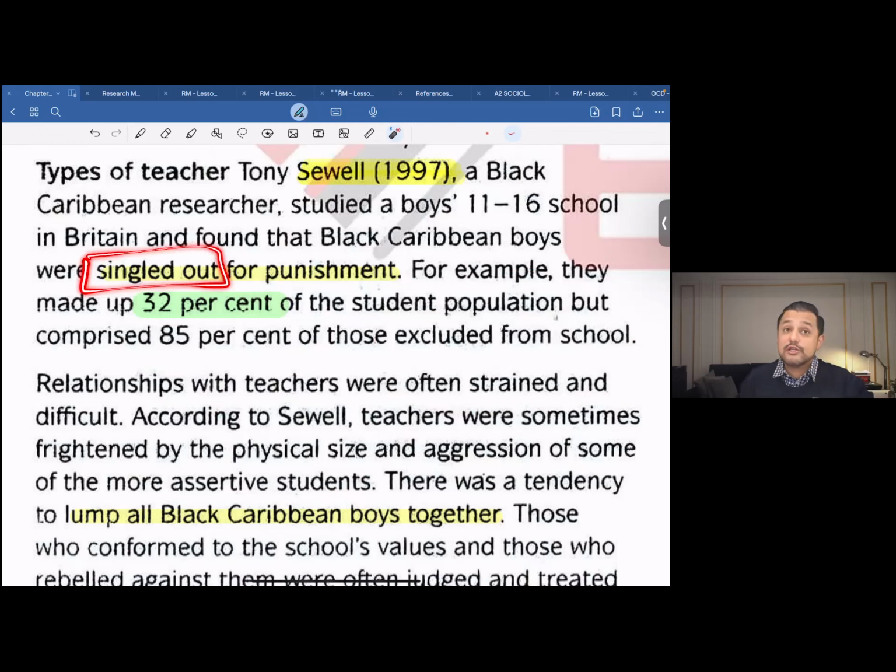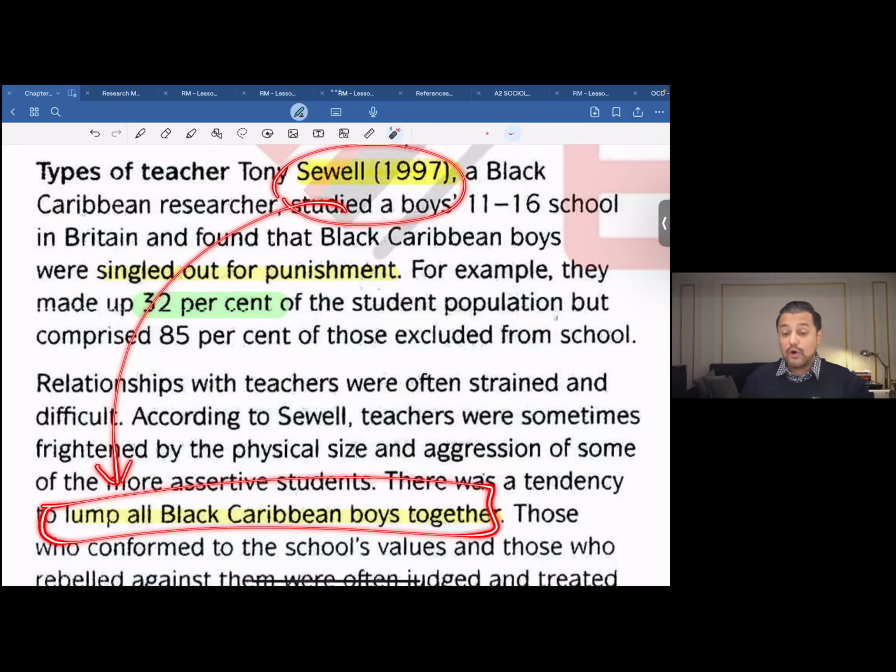And one more thing, additionally, according to Seville again, teachers tended to lump up all Black boys together. In other words, if we talk about Black pupils, some would be actually disruptive, others wouldn't. So lumping them all together, or assuming that they're all disruptive, isn't really very fair on them.